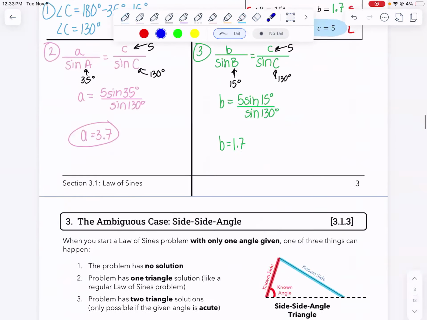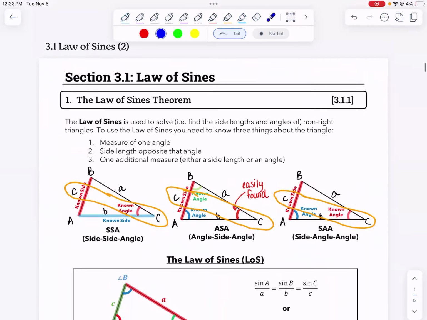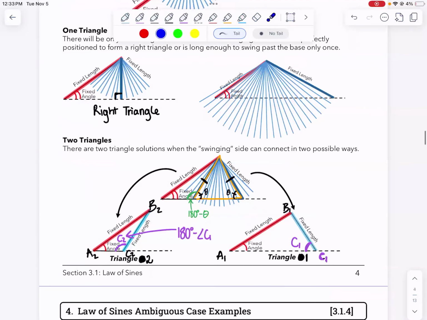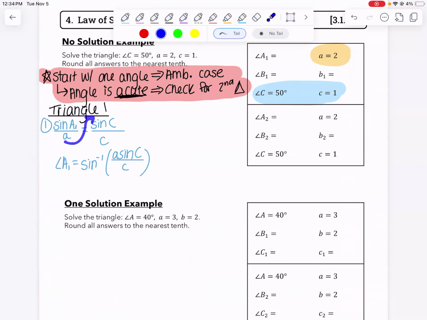If you're curious about the math of this, in a previous video, the law of sines theorem video, I do a bunch of this rearrangement. You can take a look at those videos. I'm not going to do too much of that math talk here. So you would get that angle A1 is equal to sine inverse of a sine C over c. You multiply the a up, then take sine inverse on both sides to get rid of the sine.